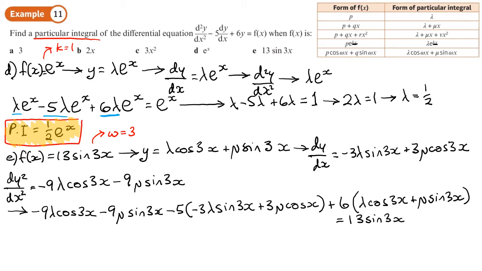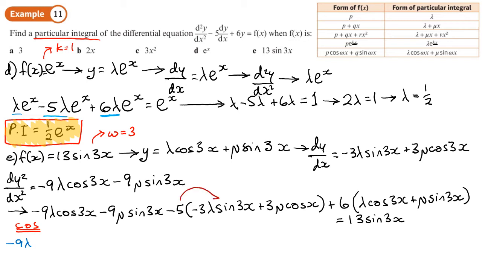So let's start with the coefficients of the cos term. Now you can see on the right hand side the coefficient of cos is 0. On the left hand side the coefficient of the cos 3x terms are negative 9 lambda, and then expanding the brackets.